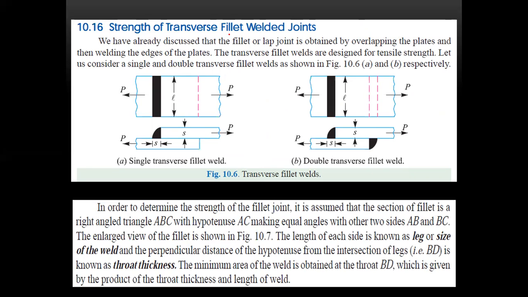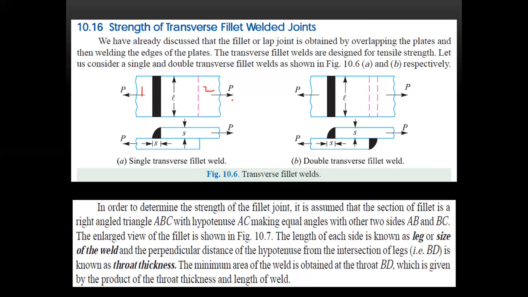So we'll see the type of this lap joint. We are seeing the various strengths. Okay, so see this figure. So you are having a plate 1, you are having a plate 2, right? This dotted portion, this plate 1 is under plate 2.